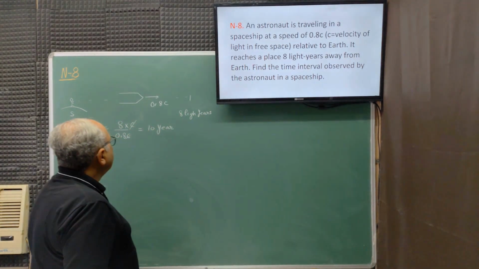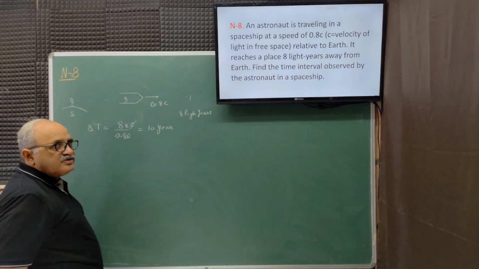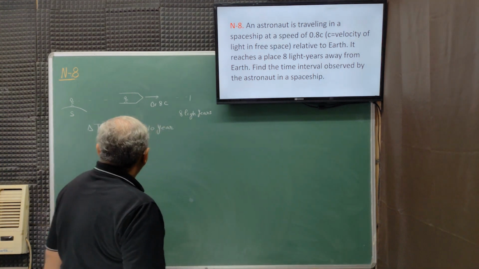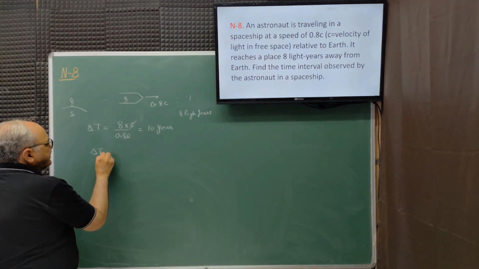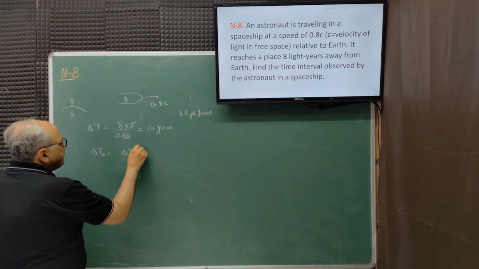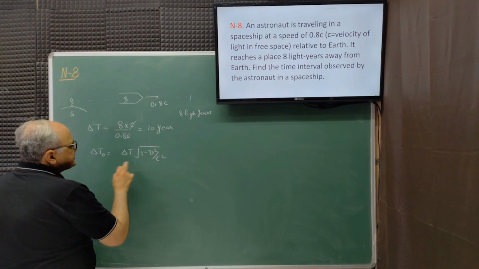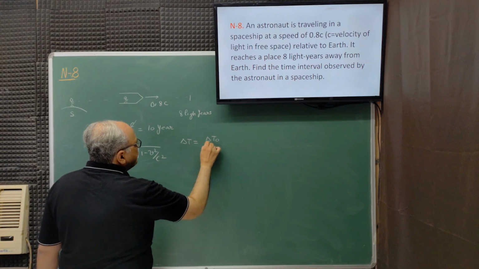But the person in the spaceship, who is observing the actual time interval, will say that this time interval t0 is equal to delta t multiplied by the square root of 1 minus v square by c square. This comes from the relation of time dilation.